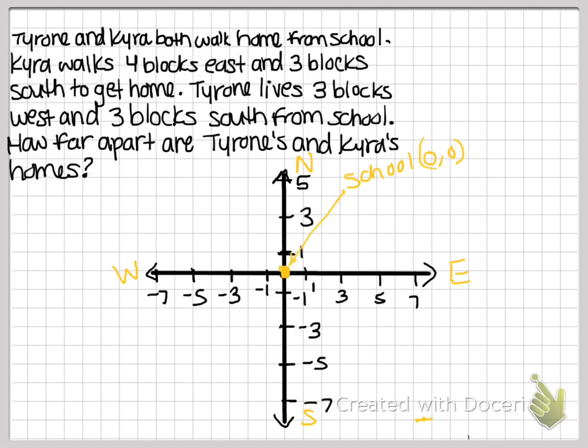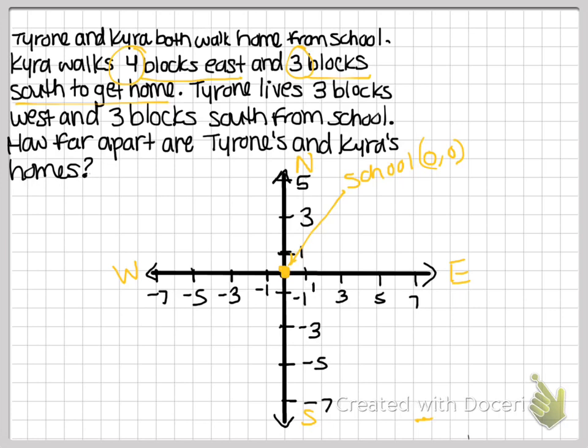Alright, so first let's plot Kyra's home. So she walks 4 blocks east and 3 blocks south to get home. So from the origin, 4 blocks east would be to the right, and 3 blocks south would be down.